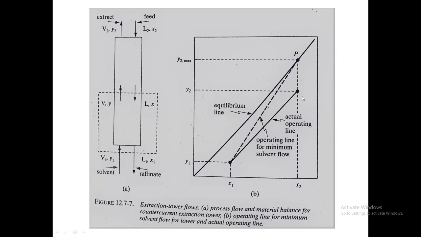How do you exactly place its location under the system's equilibrium line or equilibrium curve? You just use the mass fractions, x1, y1, x2, y2. So 1 in here is at the bottom of our extraction tower and 2 for the upper part of the extraction tower.